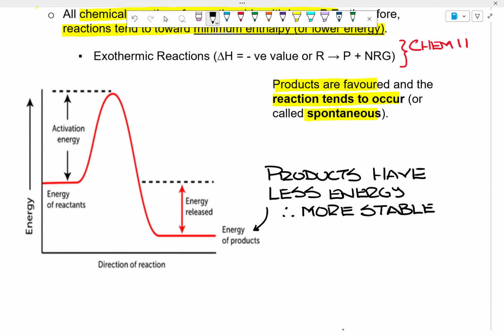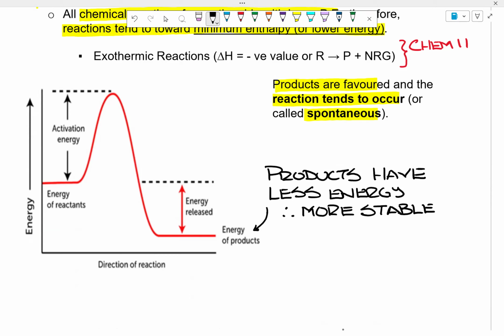Now, an example would be physics. Why does a ball fall down? Why does an egg roll off the table? Some of you will say, well, because of gravity. Duh, right? True. But why does it fall down? It's because you're going from a high energy, which is on the table, down to a low energy on the floor.